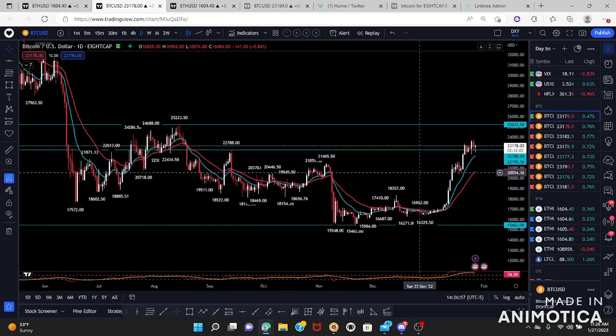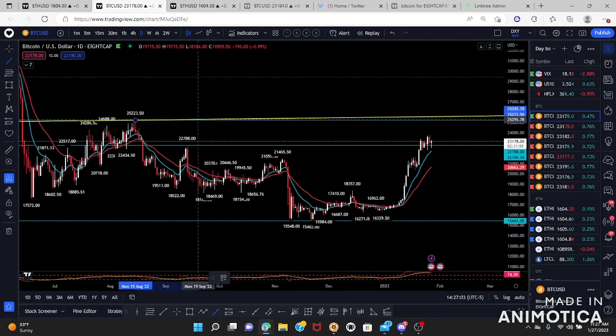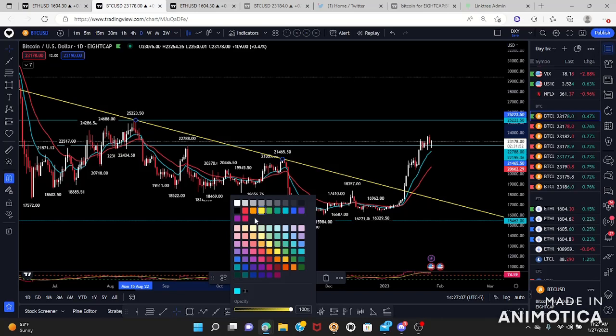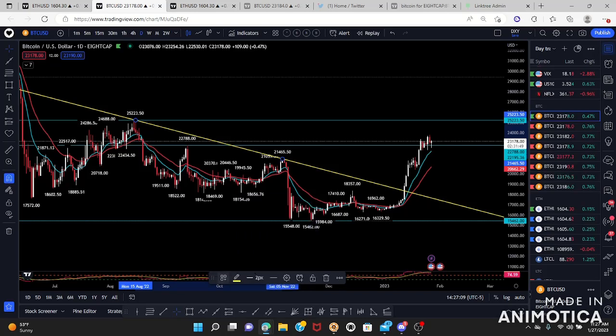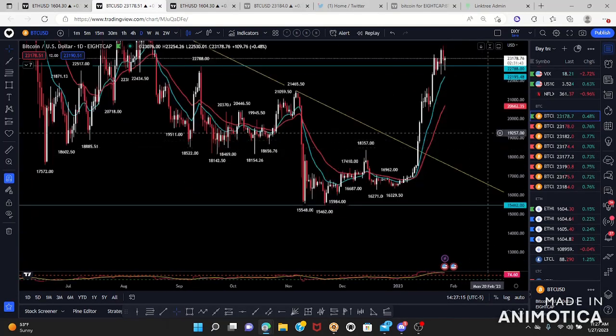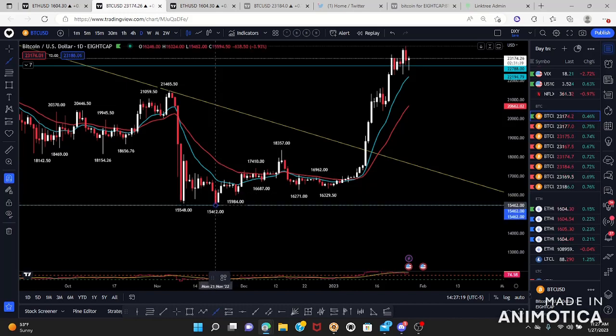Within the daily, I'm going to put some trend lines here, just from highs to lows. Let me make it thinner, it's too thick for me. Perfect. And then from the downside too, we're gonna have a nice trend line.